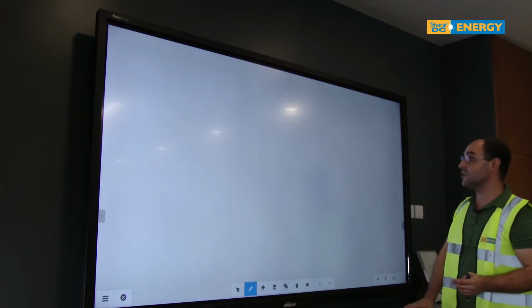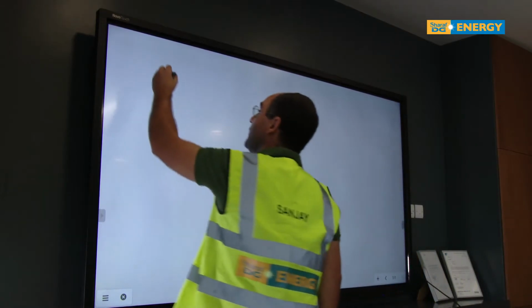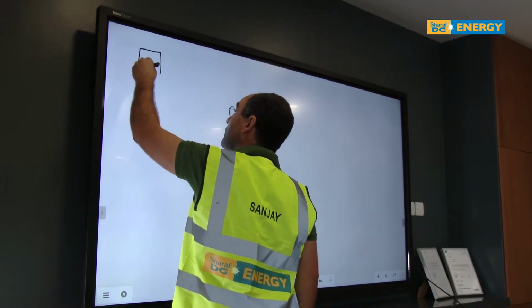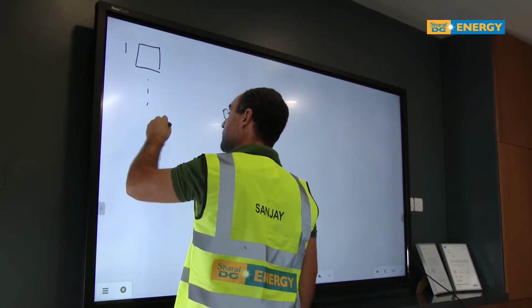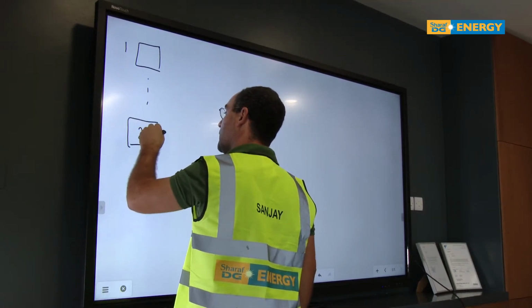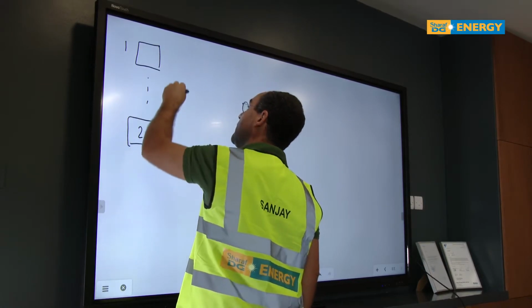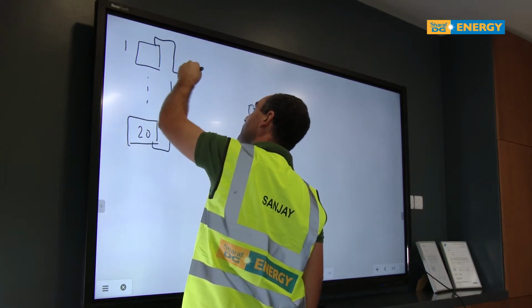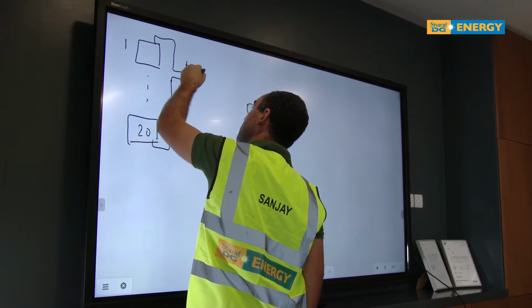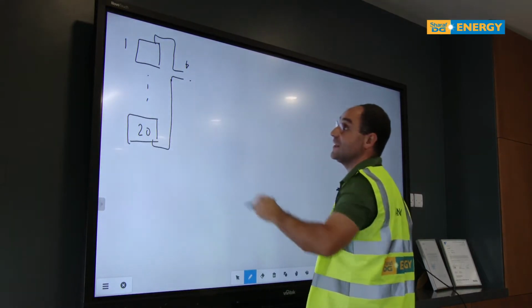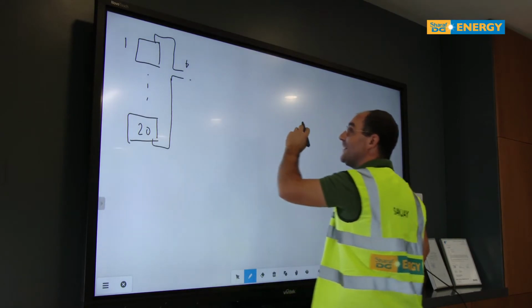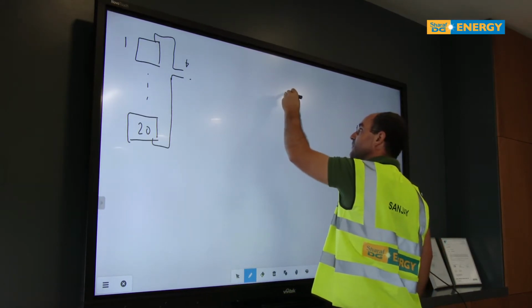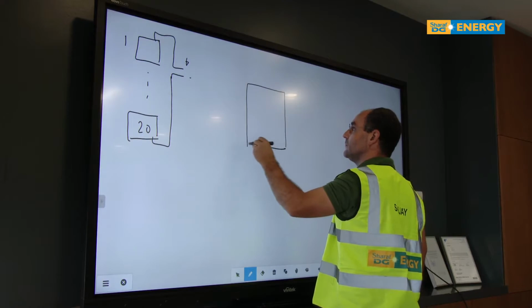I will make a small schematic now of our string here. Panel 1, panel 20. We have a cable here, we have a cable here, a plus and a minus. This is the electrical circuit. And then I will add an inverter now.